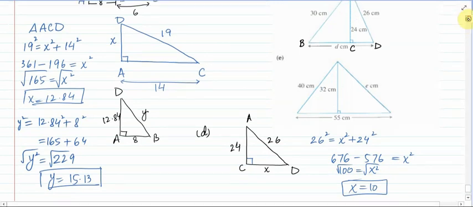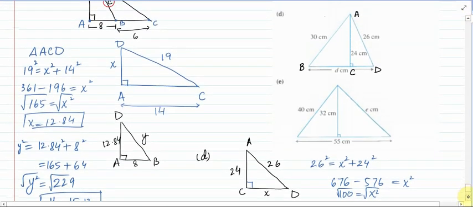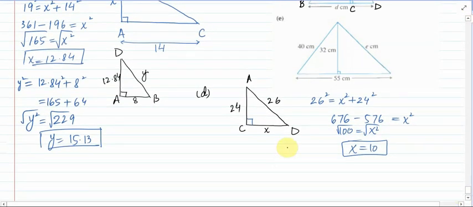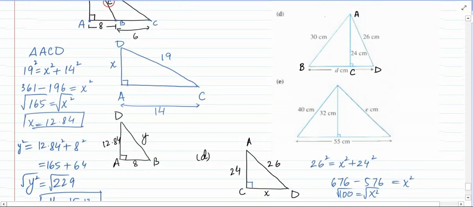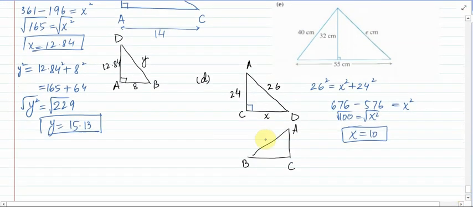After that I am going to pick the triangle A, B and C. In triangle ABC, we know the value of AB, that is 30, and AC is 24. That is a right angle triangle, and let's say the length of BC is y.